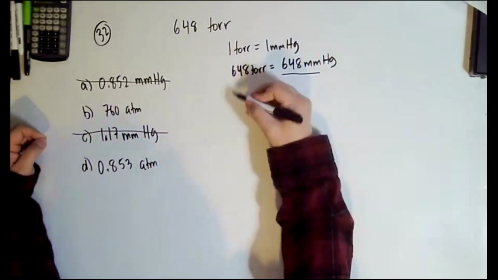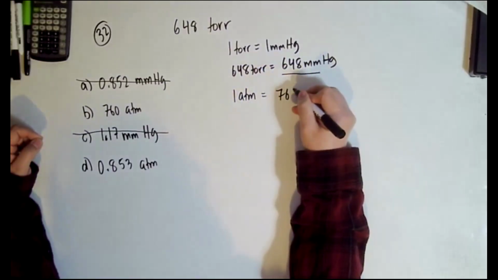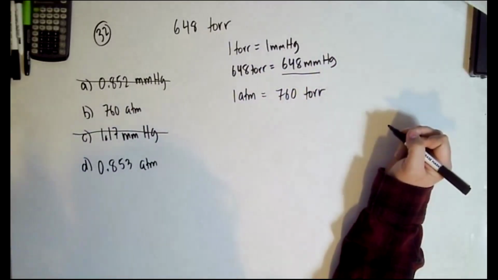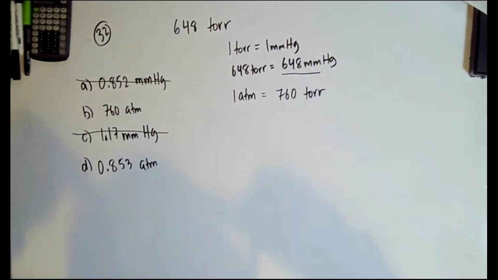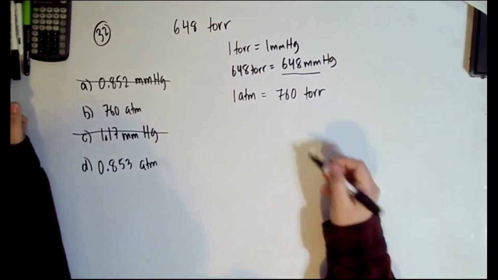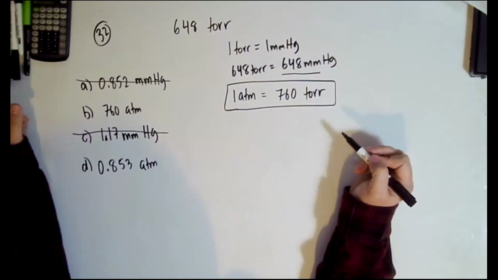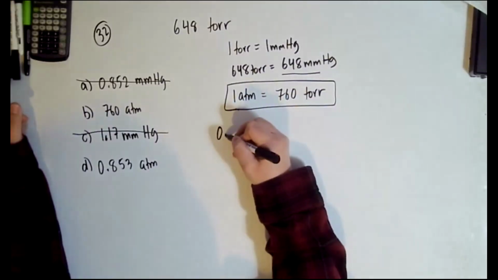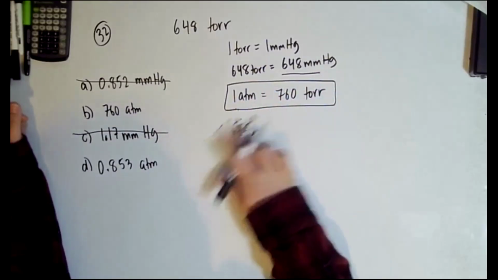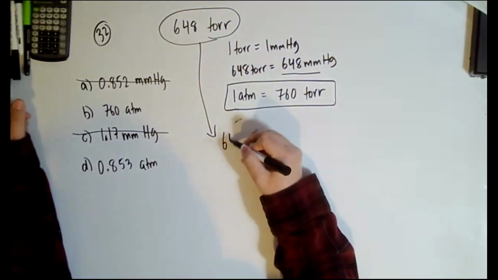Okay. What we also know is that every 1 atmosphere is going to equal 760 torr. And we're going to know this because of our list of pressure unit equalities that we want to be familiar with. So this is our equality that relates the atmosphere unit and the torr unit. So we're going to start out with the number that they gave us here, 648 torr.